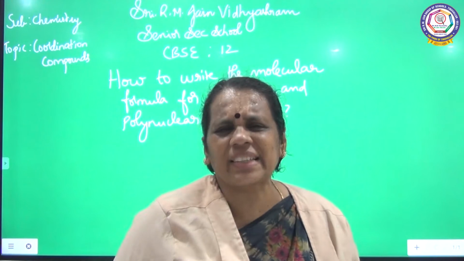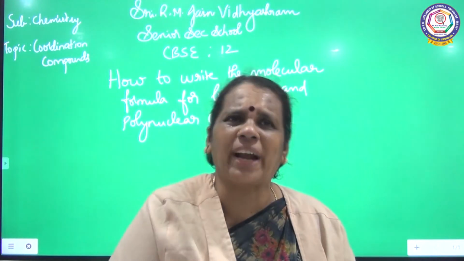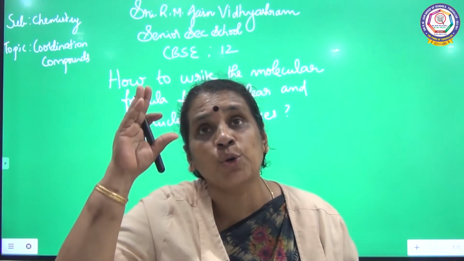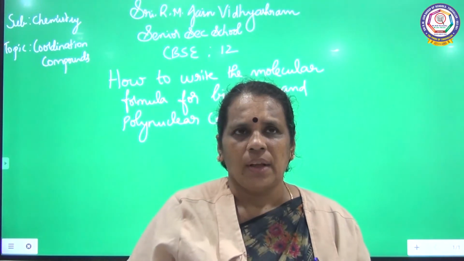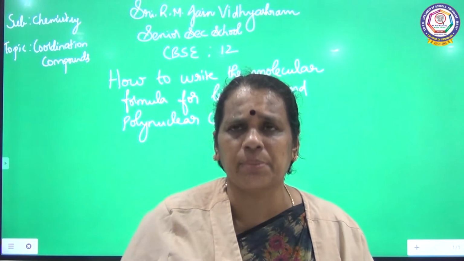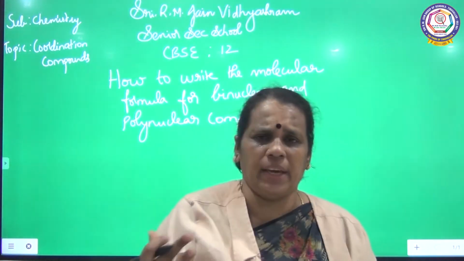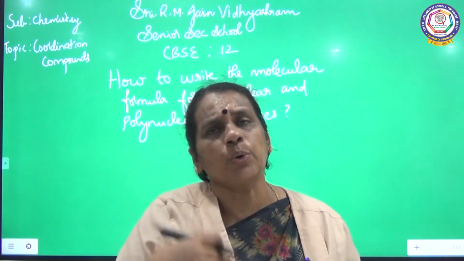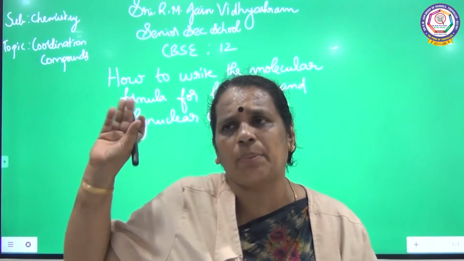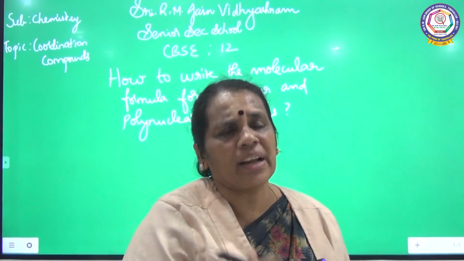Already in the previous class, I told you how to write the molecular formula for mononuclear coordination compounds. I have given some examples, and we have worked out certain sums. Now we are going to see how to write the molecular formula for binuclear and polynuclear complexes.